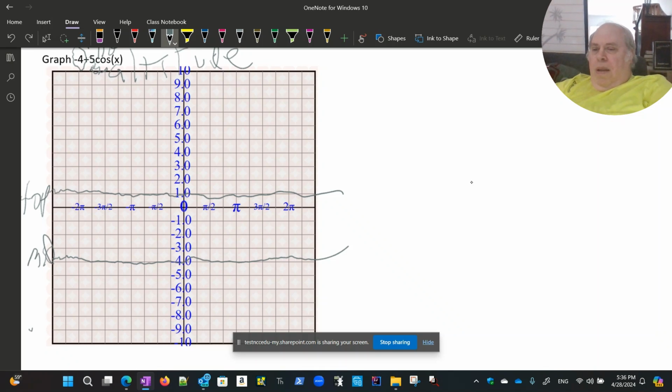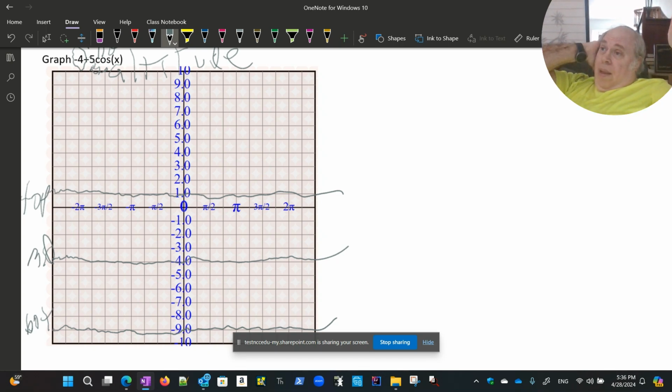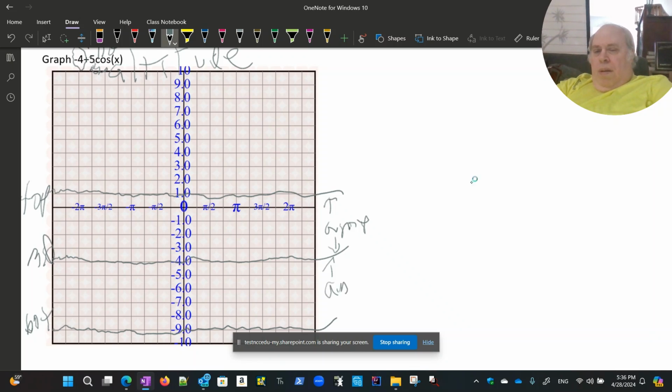Close enough. This is the bottom line. So we have the top, bottom, and mid, and they're equally spaced. The distance between these lines is always the amplitude. There's one amplitude between each of them, so they're always equally spaced.